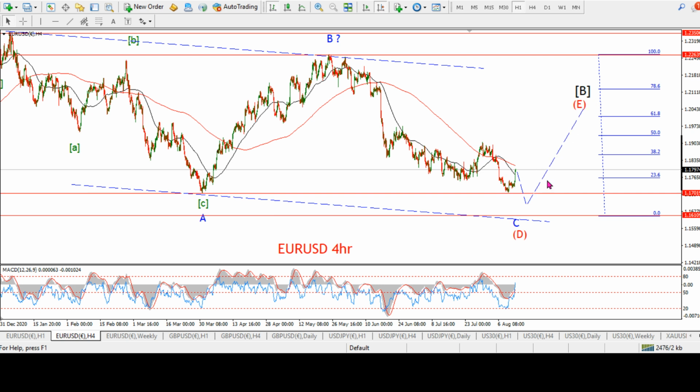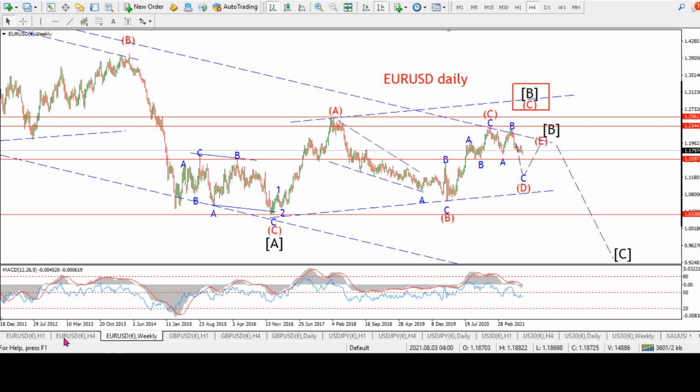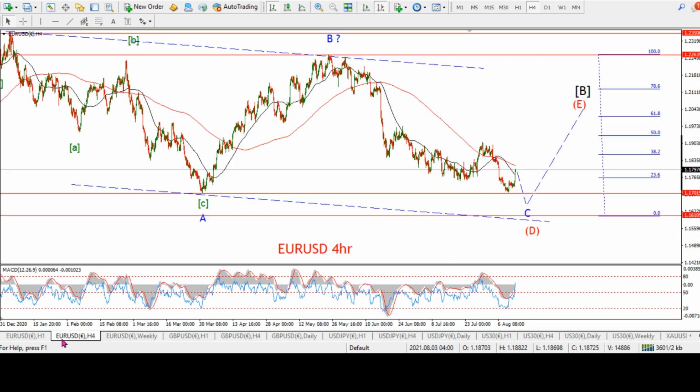but c'est la vie. Here is the 4-hour count for euro dollar. This is the one we've been looking at for a long time now. It looks like, in terms of the overall pattern, we're tracking this contraction triangle, wave B, and we are within wave D of this triangle.